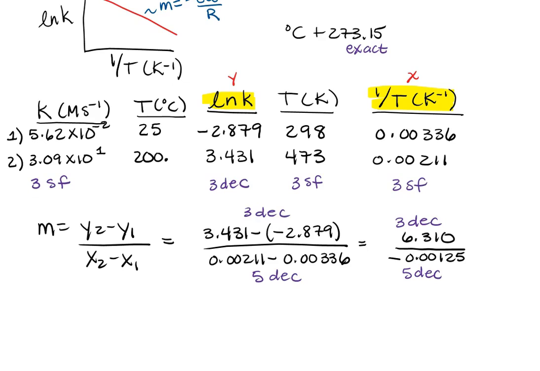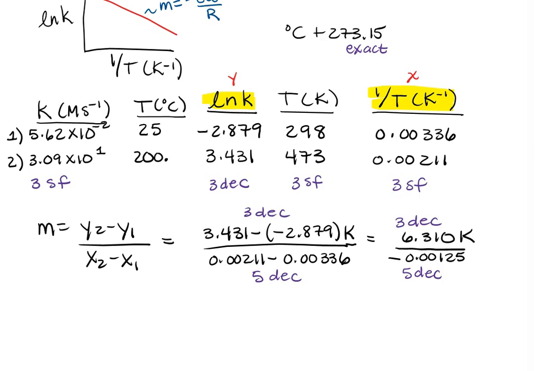In our numerator, the units will be y units. ln k is unitless, so there's nothing for the numerator. The denominator has units of 1 over K, or inverse K. And so what I typically will do if I have inverse units in the denominator is I will just flip that to the top.